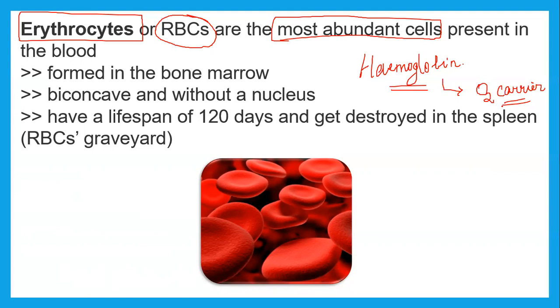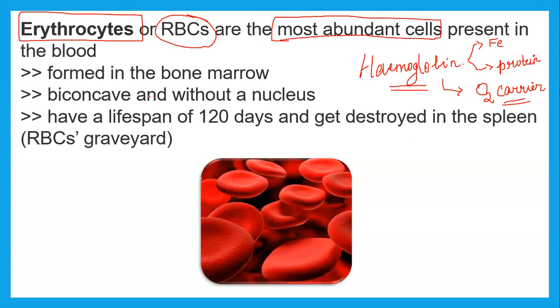Yes. Then hemoglobin, that's the most important function. It acts as an oxygen carrier. It consists of two main parts. Hemoglobin consists of an iron part and a protein part. Heme is the iron part, globulin is the protein part.